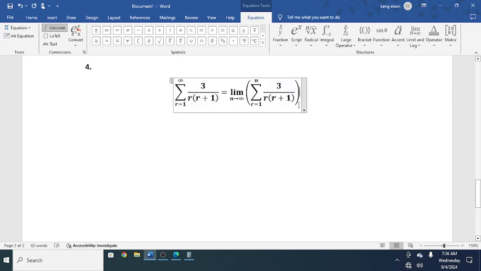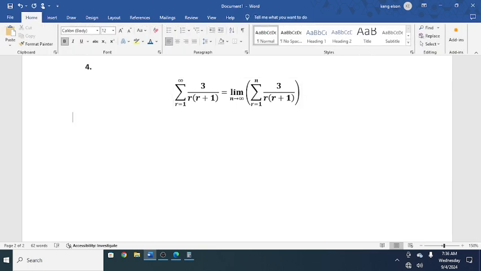Okay, so let's focus on getting the partial sum. To get a partial sum, we are going to use a very important trick in partial fractions, because this can be identified as a telescopic sequence.